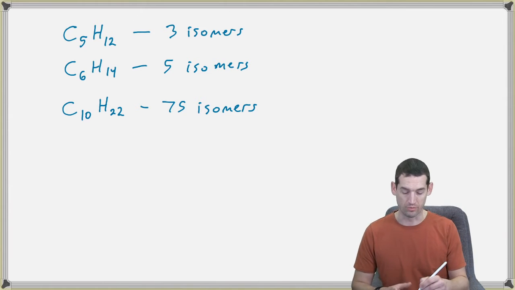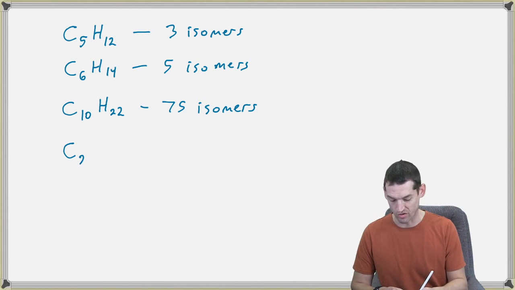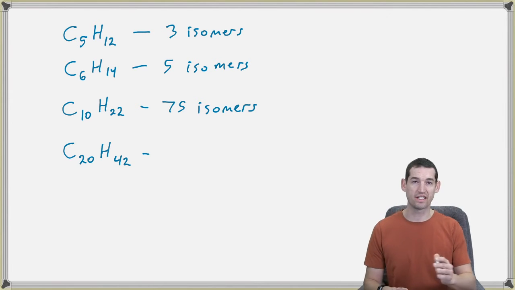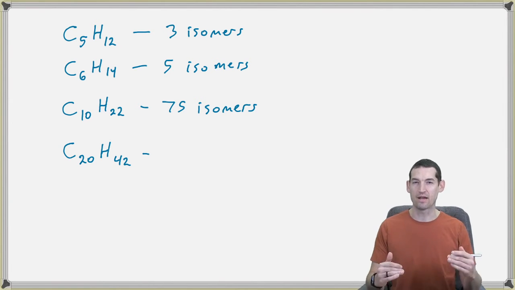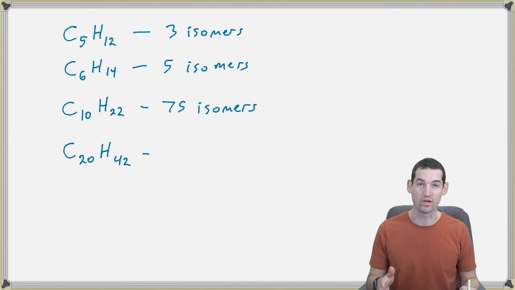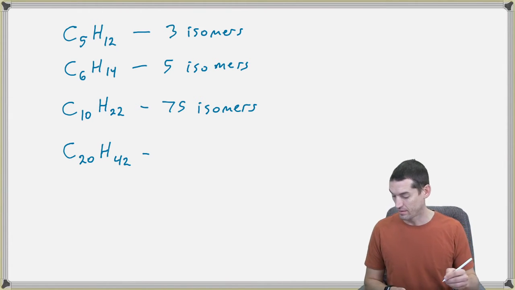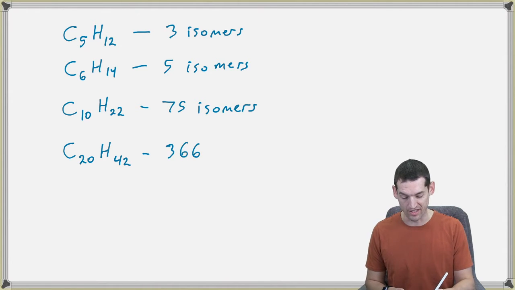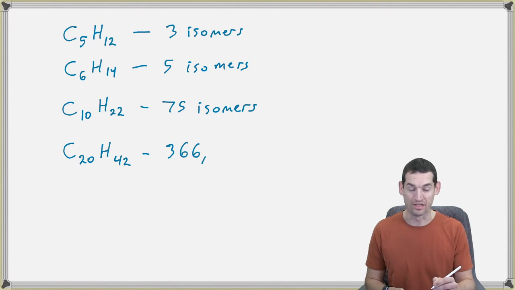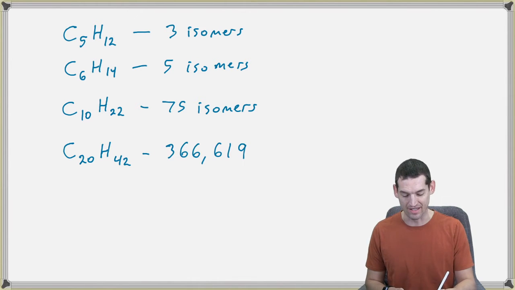And just to show you a real extreme example, C20H42, go ahead and take a guess just in your head. How many isomers do you think C20H42 would have? And the correct answer is 366,619 different isomers.